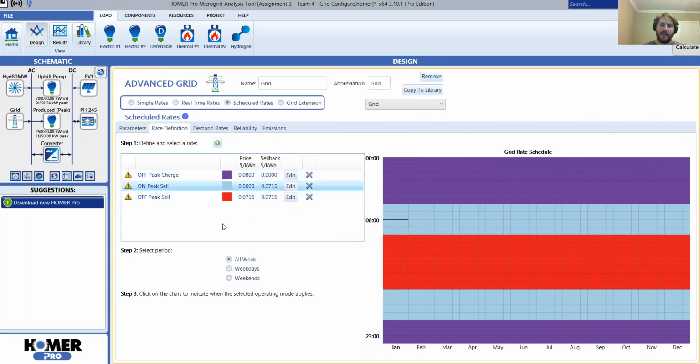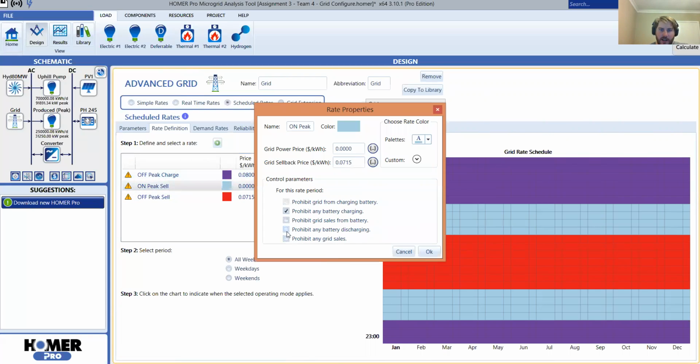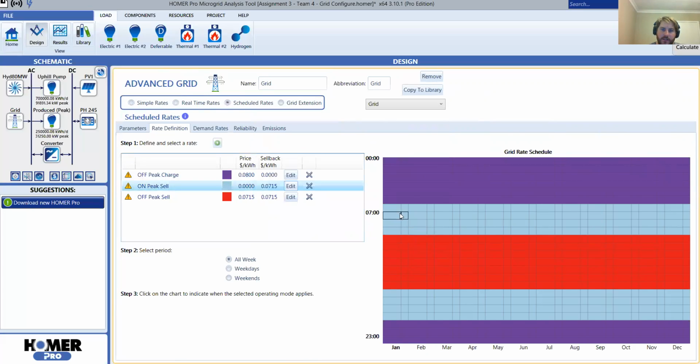The next one is the on-peak sell. So that's where we have this value here. This one prohibits the battery from charging because it will be producing power at this time. You can see here, when it is blue, from 6 till 10, it's releasing, and then from 5 till 9, it's releasing.